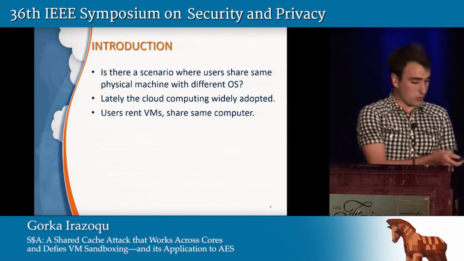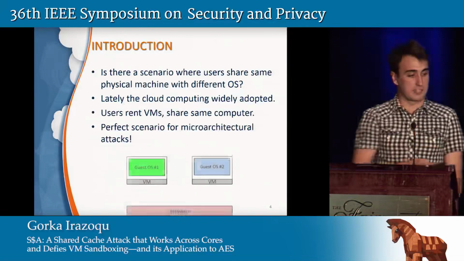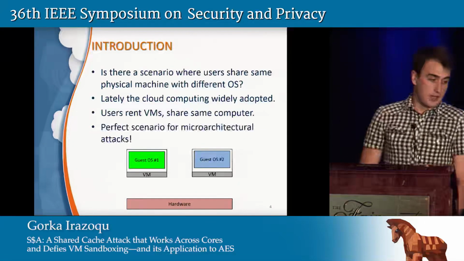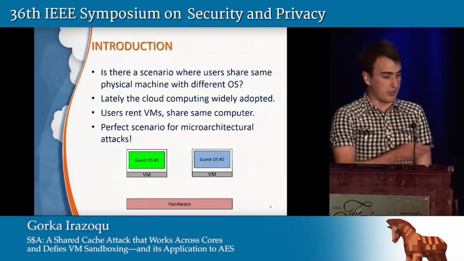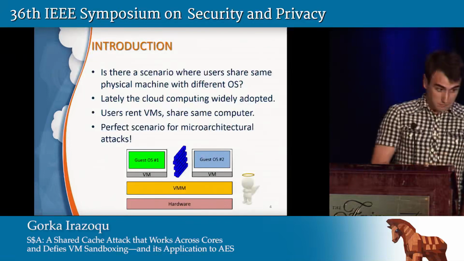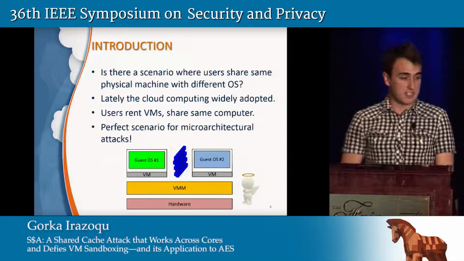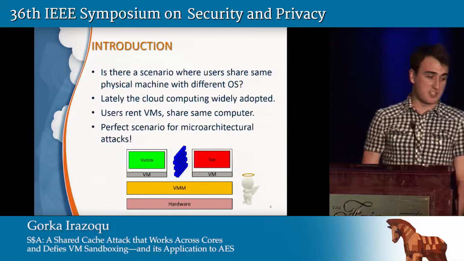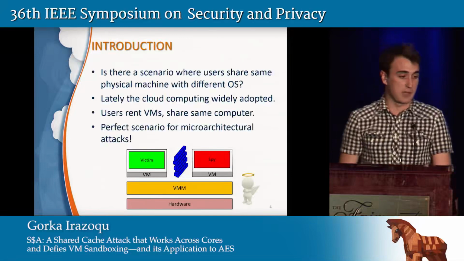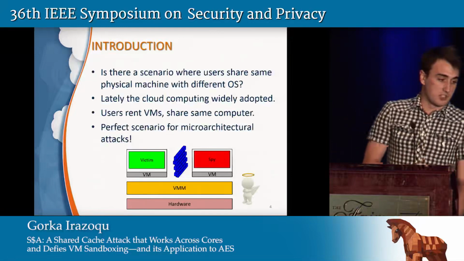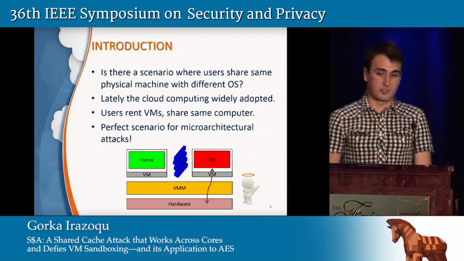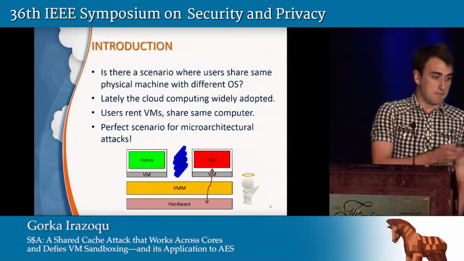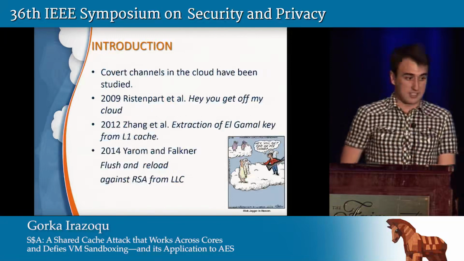This means that we can go from this scenario, for example, where we have two VMs that are executing processes on the same hardware, isolated by a VMM. This looks very nice, but it can turn into this scenario where one of them is a victim, the other one is a spy process, and the spy process is monitoring the hardware so that it can extract information from the victim. And indeed, these kinds of attacks have also been studied.